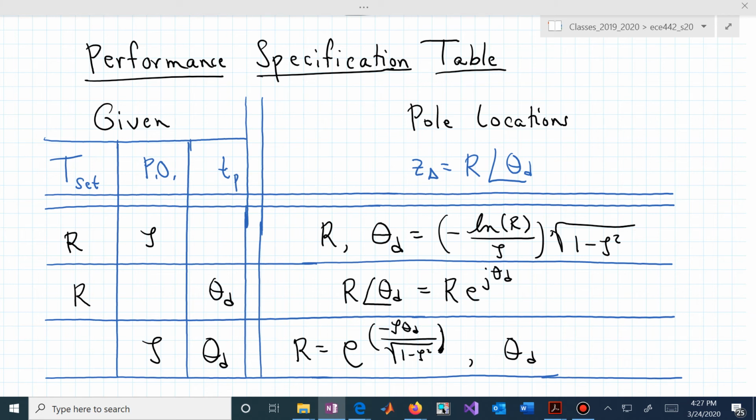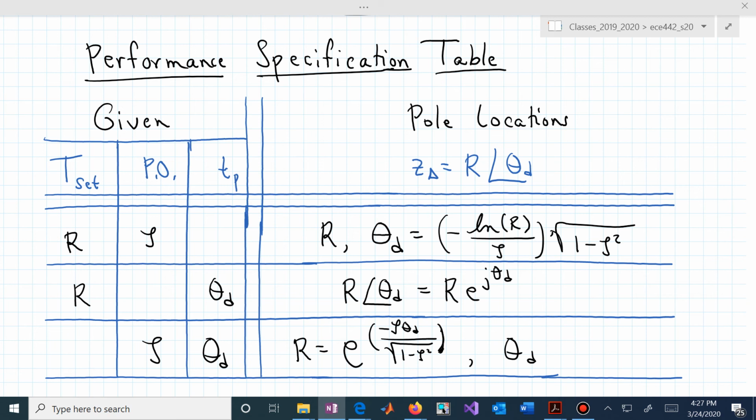So the only real hard ones are when you have something other than r and theta sub d. If somebody gives you r and theta sub d, they've given you the polar form of those Z-plane pole locations. So if they give you settling time and peak time, you can immediately write down where those closed loop poles need to be.